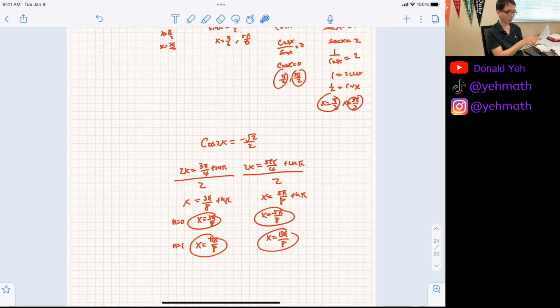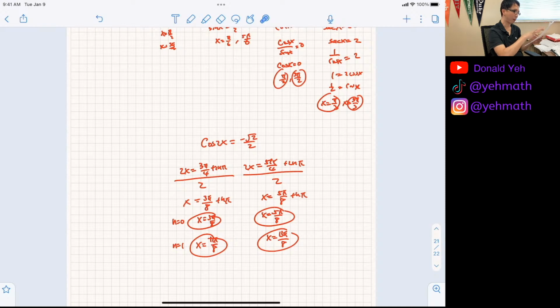Inverse sine. Like, give me like a pi value here. No, 4 pi over 3.